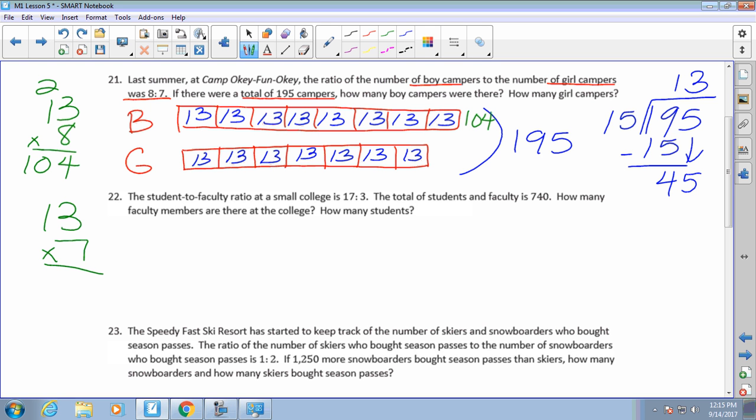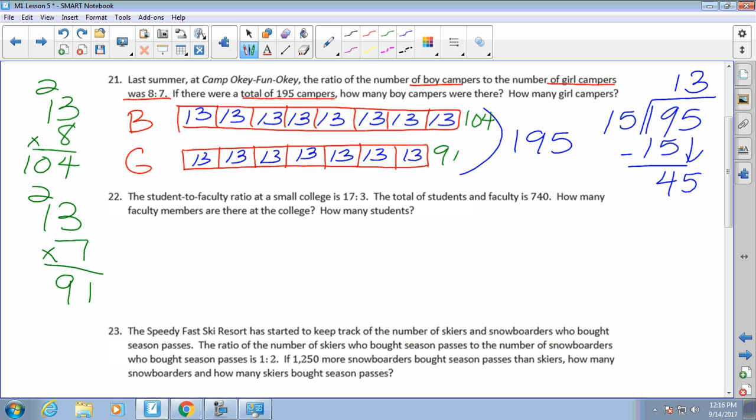It's equal to 91. 91, very good. That is correct. 7 times 3 is 21. 7 times 1 is 7, plus 2 is 9. Very good.